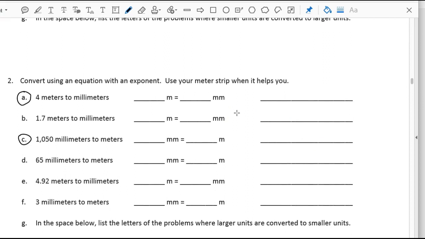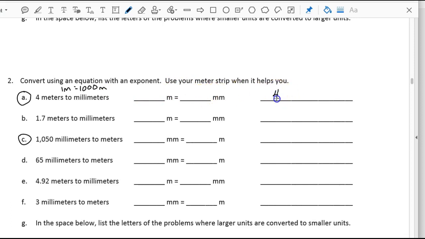Now let's look at this one right here. Convert using an equation with an exponent, and then use your strip meter if it helps. So 4 meters, remember 1 meter is equal to 1,000 of these. And in this case, we're going from meters to millimeters, so our number is going to get bigger.